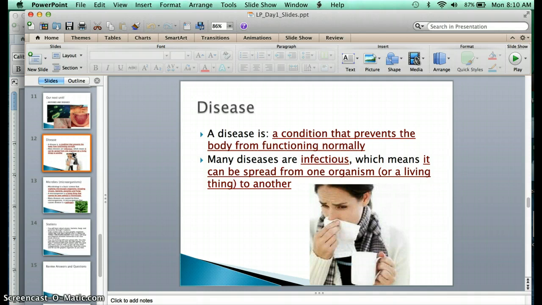But a lot of the diseases that we're going to talk about in this unit, we're going to focus on the infectious diseases, because those ones, there's a lot we can do to prevent the spread of them, which helps prevent people from just getting them or having to deal with the disease. So we're going to be focusing on these infectious diseases, meaning the ones that can spread from one organism or living thing to another.